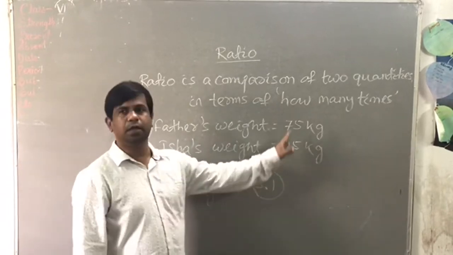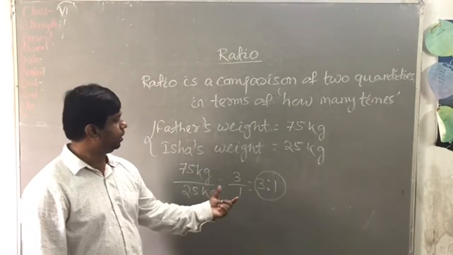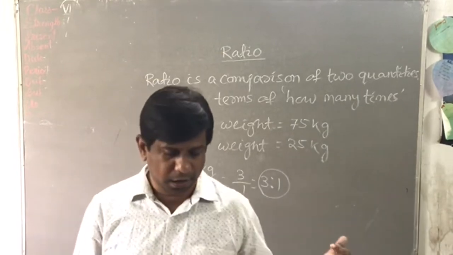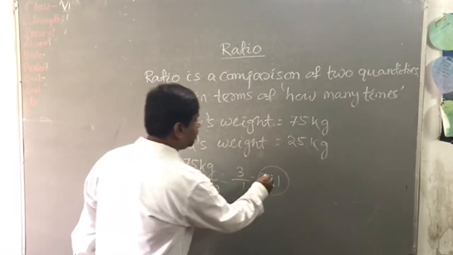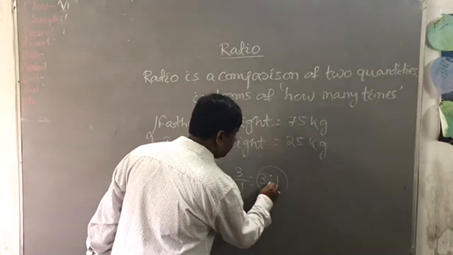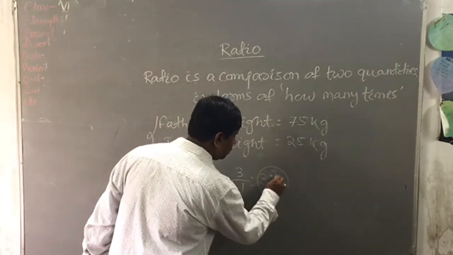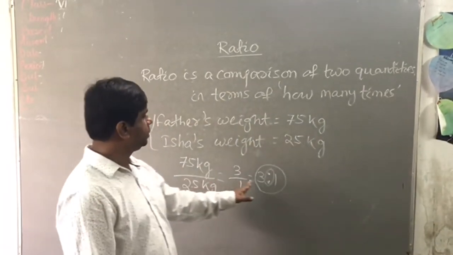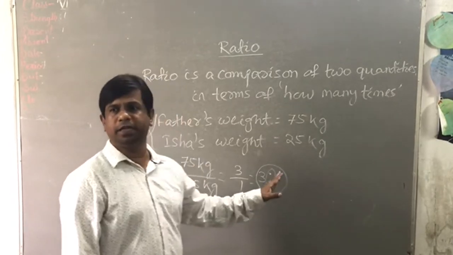This is by division, and this is called the ratio. Did you understand? This is the symbol of the ratio, colon. Colon is used to represent the ratio.